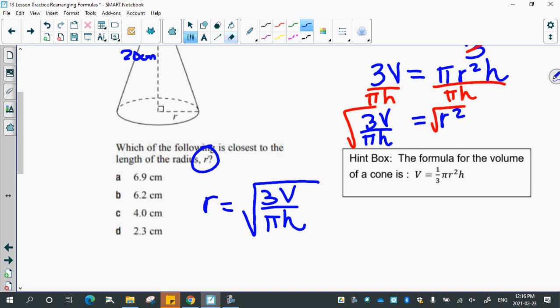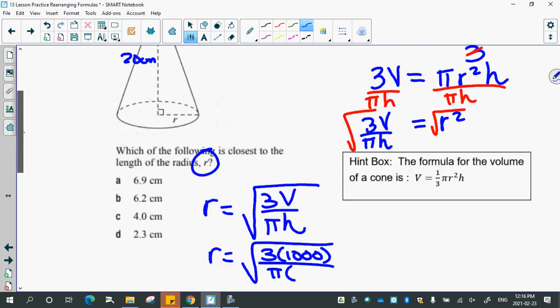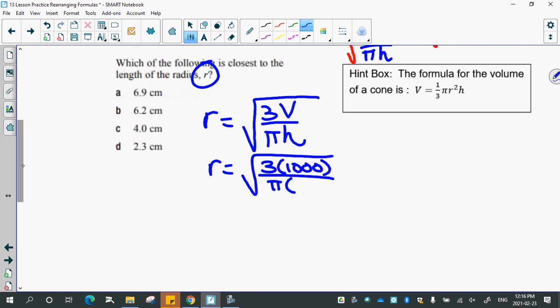Now I've got to put a number in for volume, which they give me in the question, and a number in for height, which they give me in the question. So my radius is going to be the square root of 3, and if I put 1,000 in for volume, I have to put it in brackets, over pi times, what's h? 20? Everybody good?